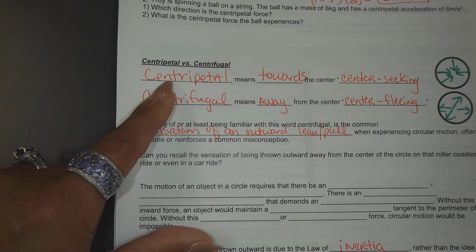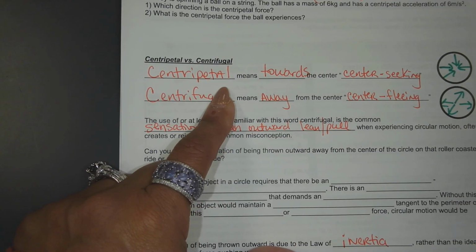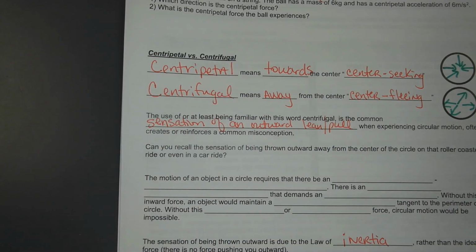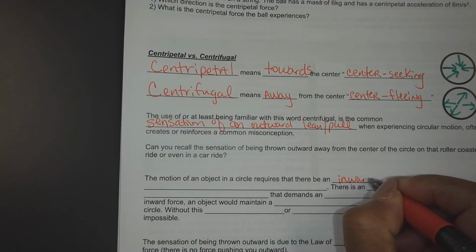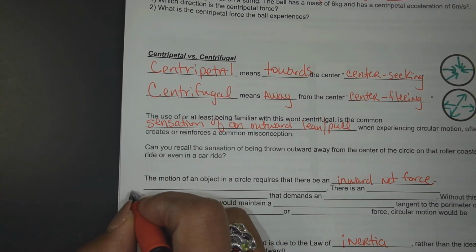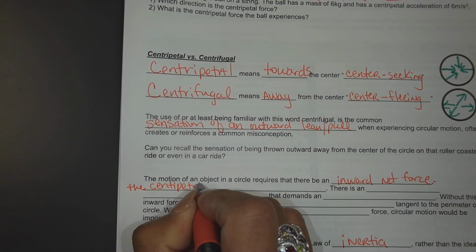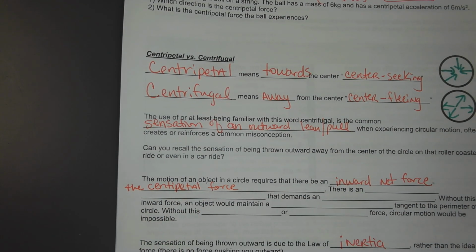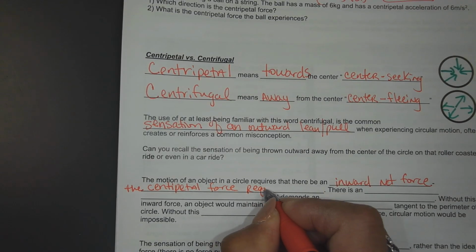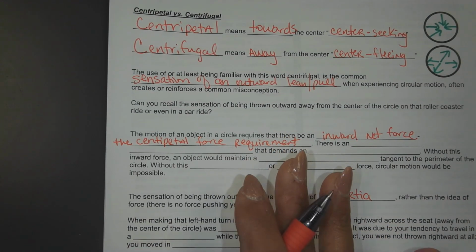But because we have centripetal force, because we have seat belts, because we have doors on your cars to help hold you in, that is going to be that inward net force, which is going to be the centripetal force required to hold you in that circle.